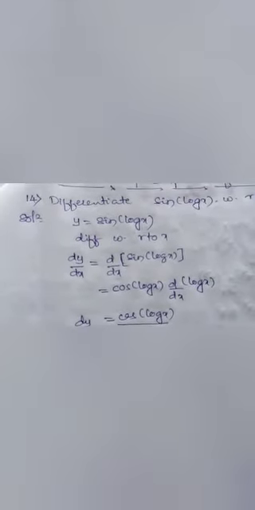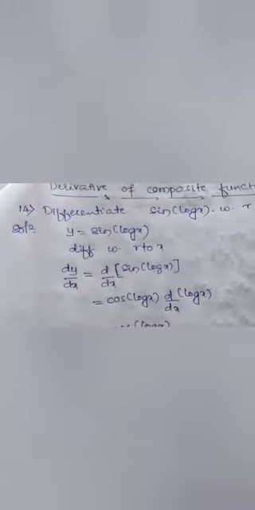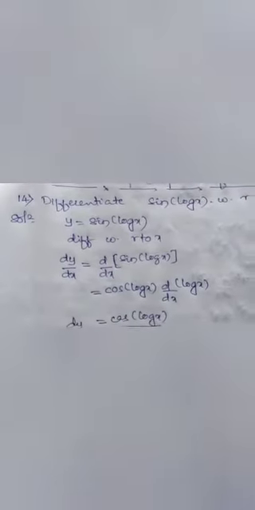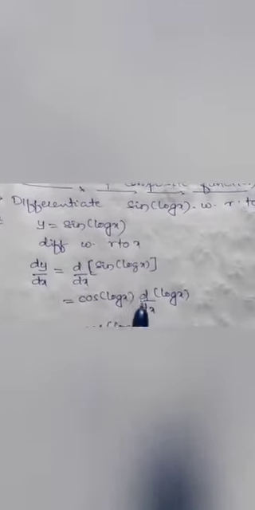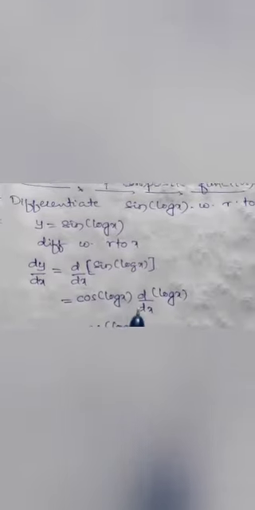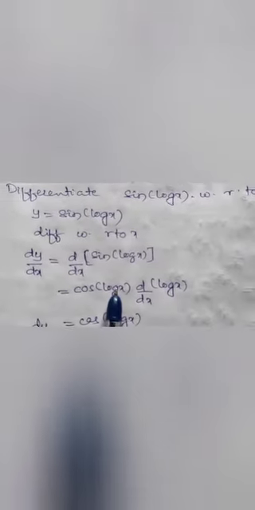Okay, first we consider only log x equal to x. Then this value is sin x. The differentiation of sin x is cos x. In the x, instead of here x value is log x is there. Log x as it is.